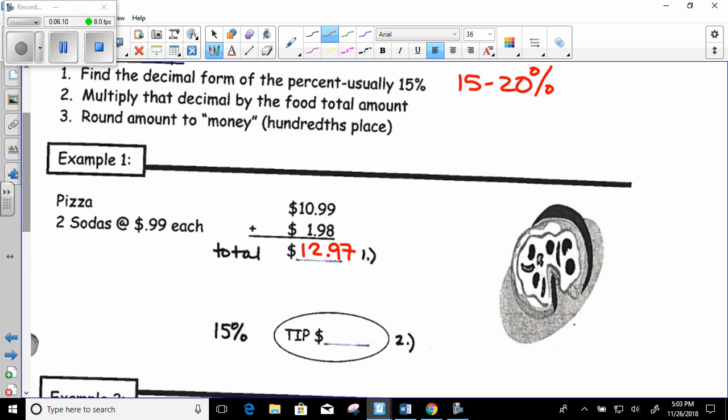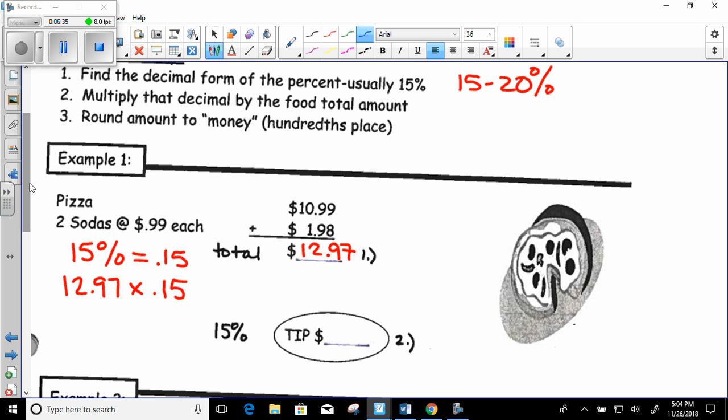Now, we want to leave a 15% tip. So you're basically going to do it just like tax. We're going to take 15%, and 15% is the same thing as a 0.15. So what you're going to do is you're going to take $12.97 and you're going to multiply it times a 0.15, which is 15% of $12.97.